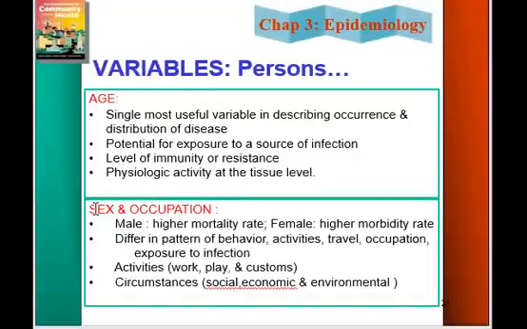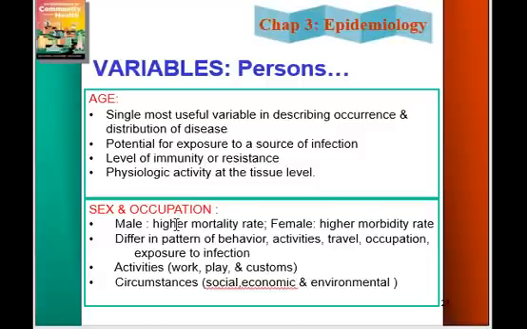Another one is sex. No? Kasi po, it has been established na kapag sinabi nating lalaki, no, mataas yung mortality rate nila. Pag babae naman po, mataas yung morbidity rate nila. Again, when we say mortality rate, ibig sabihin, we're talking about the death rate here. No? When we talk about the morbidity rate, we're talking about the rate as to the number of the persons who has the disease.